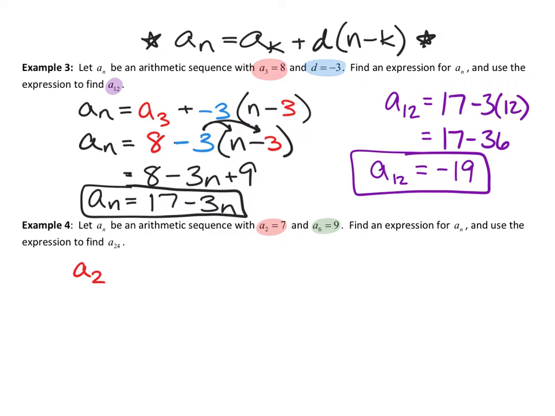So we have a sub n equal to a sub k plus the common difference, which we do not know, open parentheses, n minus k. Well, n should be 2, and k should be 6. Did I lose anybody? Just like taking x's and y's and plugging them into point slope form, that's what we're doing here.